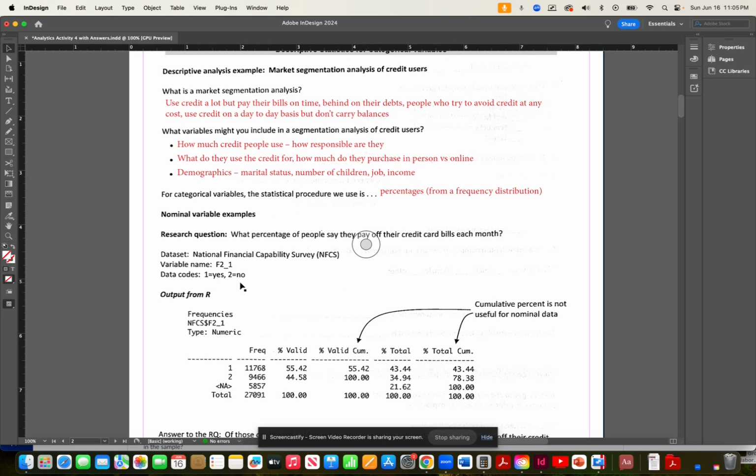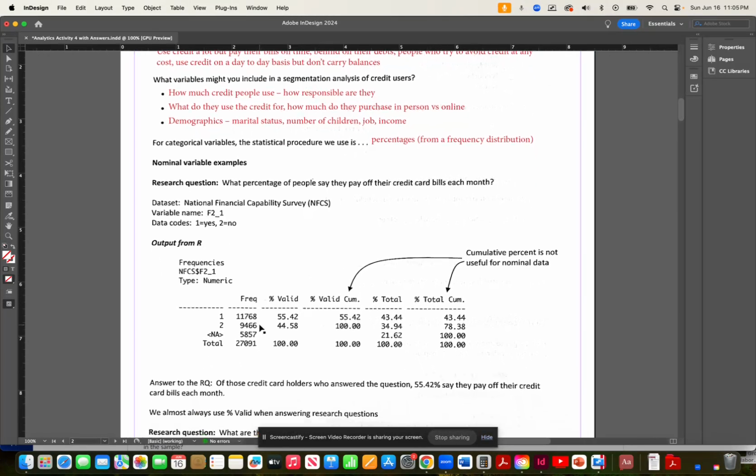Now, before we jump into actually answering this, if we were going to run our analysis, we would find that there might be a lot of missing data. So, looking at this output from R, for example, we see that 5,857 out of 27,091 responses was NA or missing.